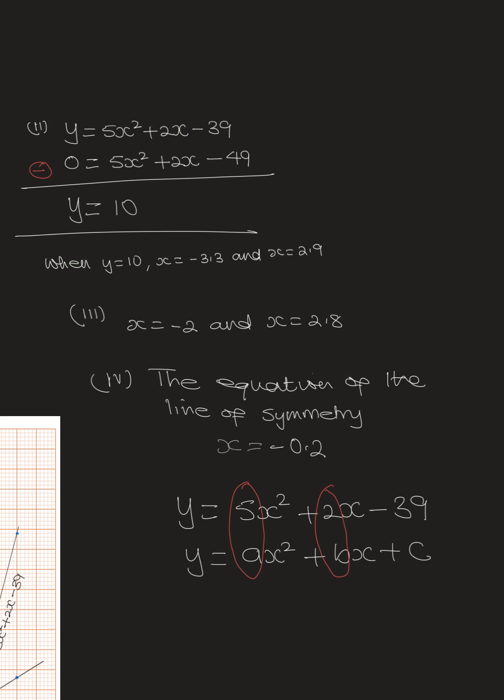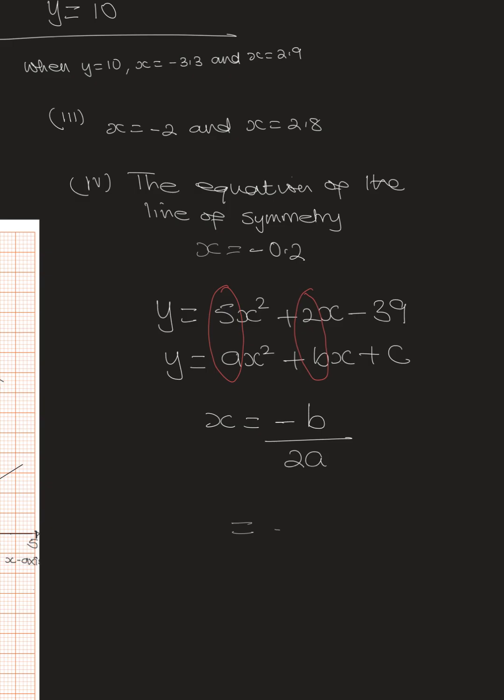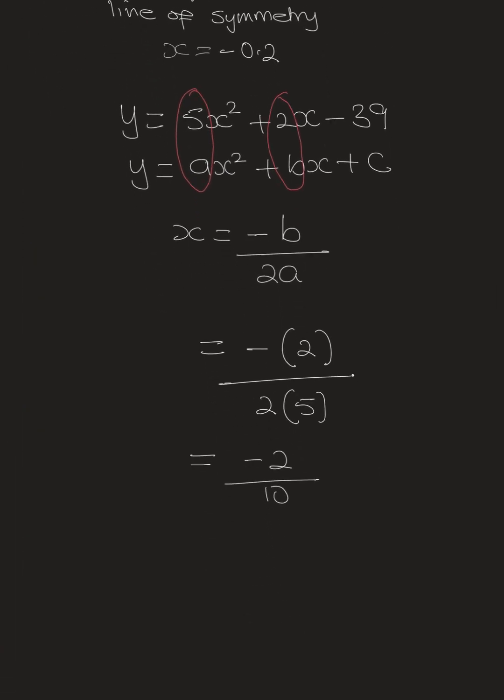We need to determine the value of a and b to be able to determine the equation of the line of symmetry. It is given as x is equal to minus b divided by 2a. So that is going to be minus b, which is positive 2, divided by 2 times a, which is 5. So that is minus 2 divided by 10. And that will give you the value of x as minus 0.2.